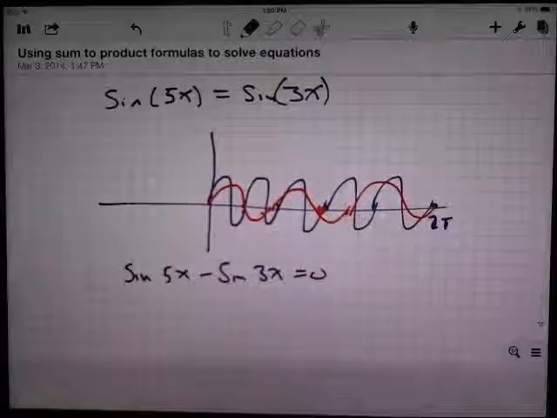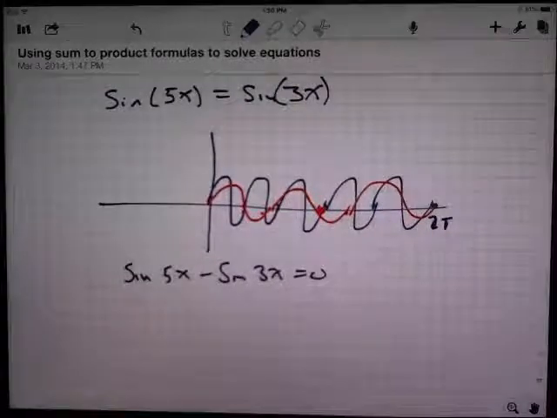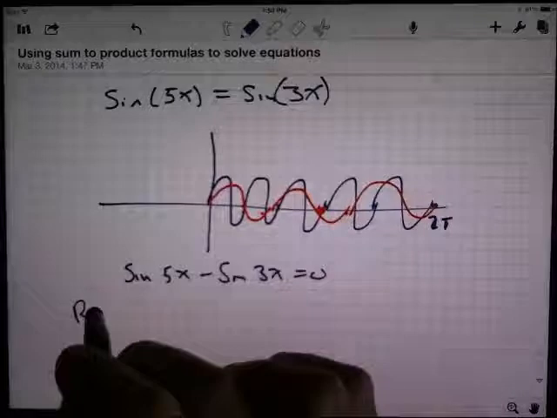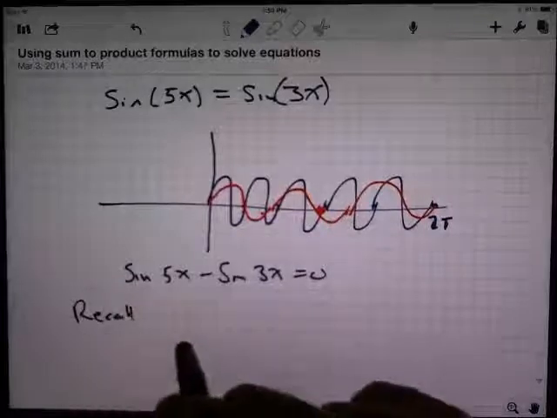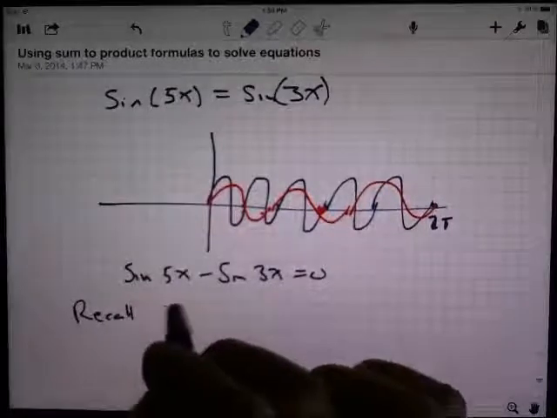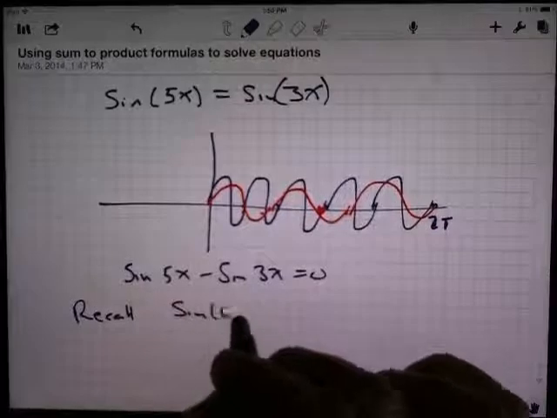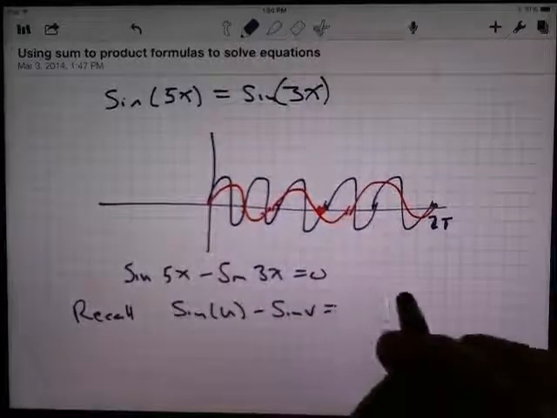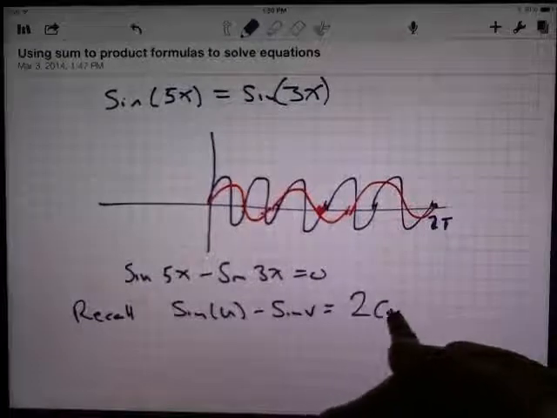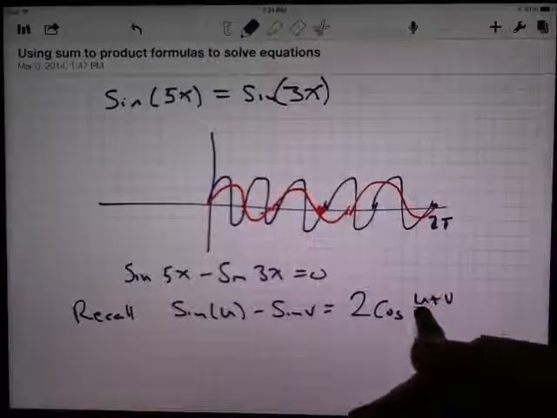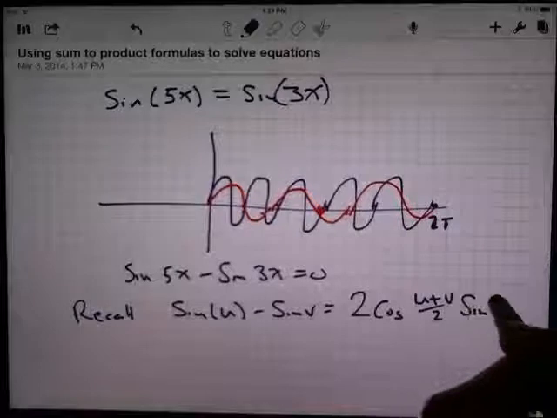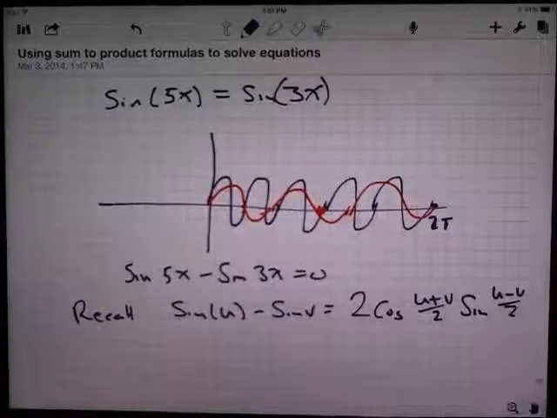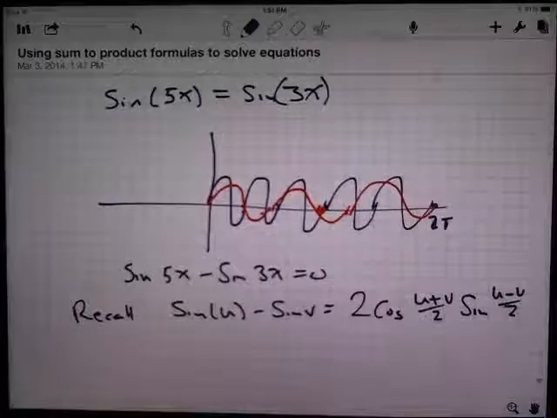And then I'm going to recall the sum to product identities. In particular, the sine of u minus the sine of v is 2 times the cosine of (u plus v) over 2 times the sine of (u minus v) over 2. This is one of our sum to product identities.